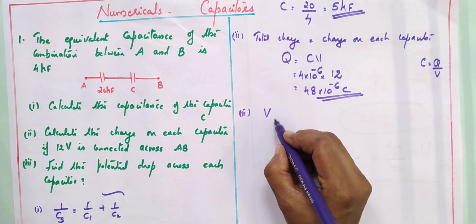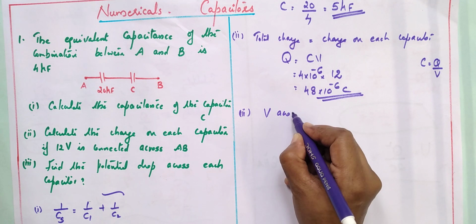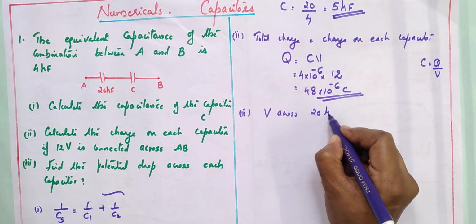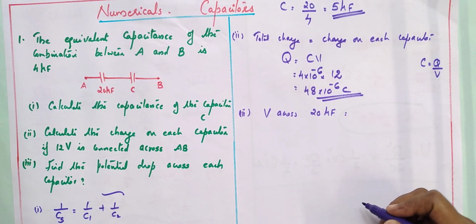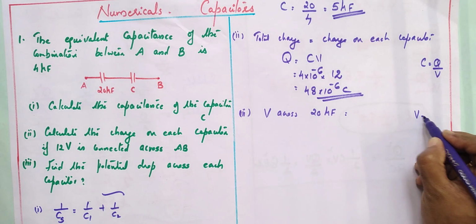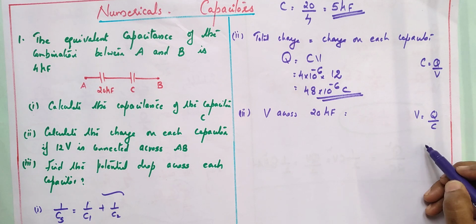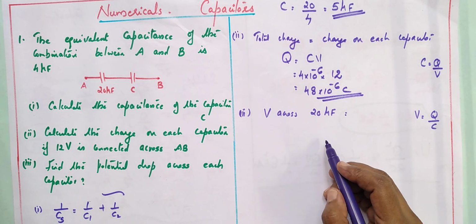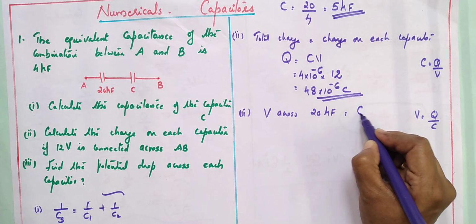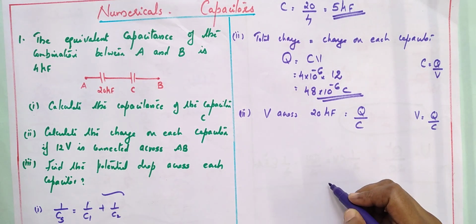Now the third one: find the potential drop across each. First we find the potential difference across 20 microfarad. Again we have the formula, C equals Q by V, and V equals Q by C. The potential difference across 20 microfarad is its charge divided by its capacitance.